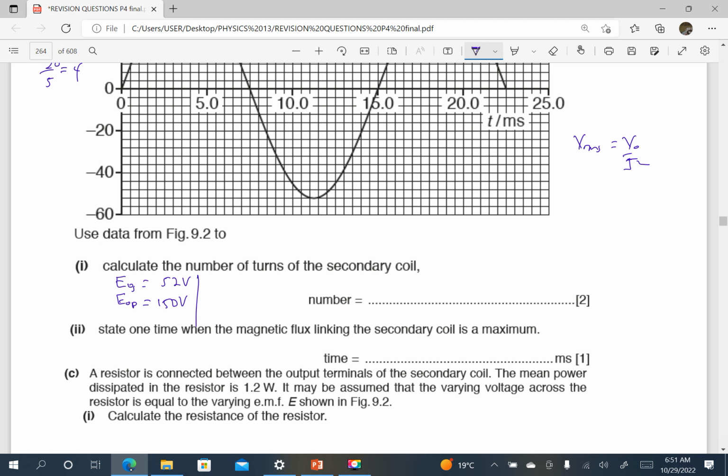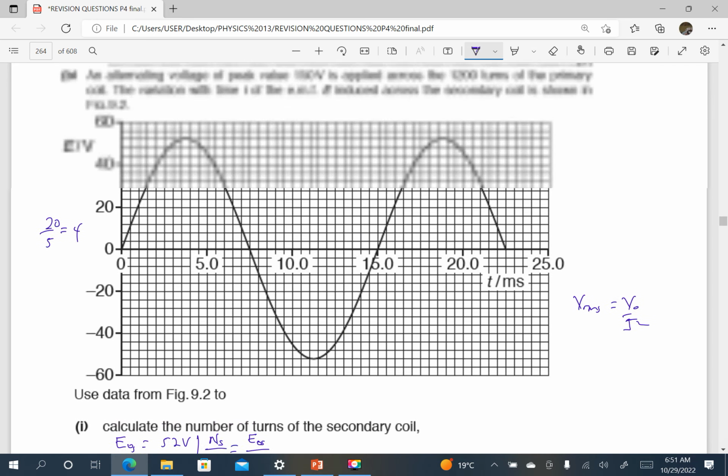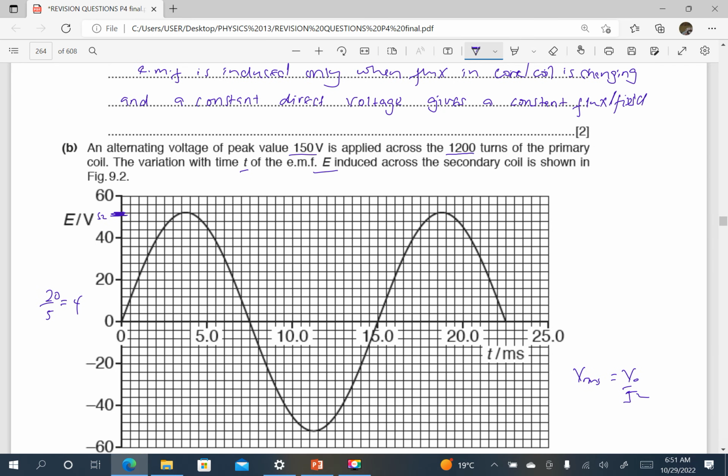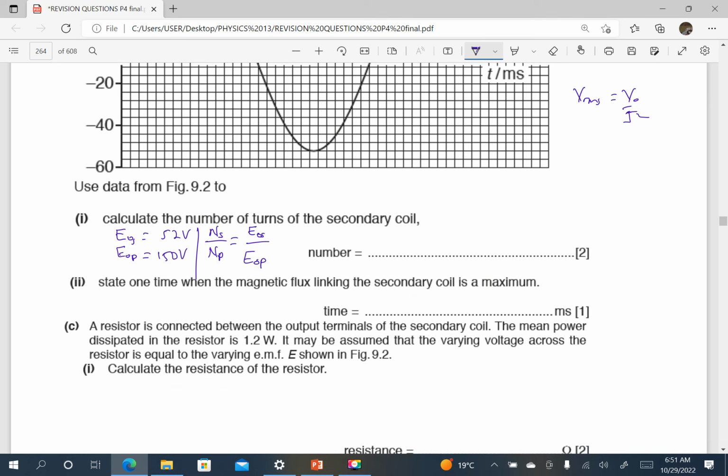So we look at the ratio of the number of turns in the secondary over the number of turns on the primary, which is directly proportional to the EMF of the secondary divided by the EMF of the primary. So we simply substitute to find the number of turns. They have given us the number of turns of the primary to be 1200. So we now simply substitute.